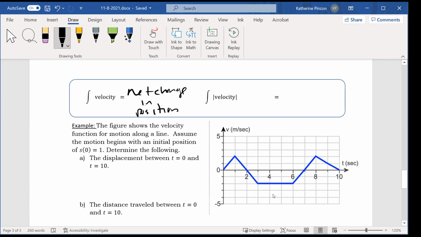I don't know why there's that weird space there. Oh, I know. If you do the absolute value, we call it the speed. You could put in the integral of speed. Velocity has direction, speed does not.